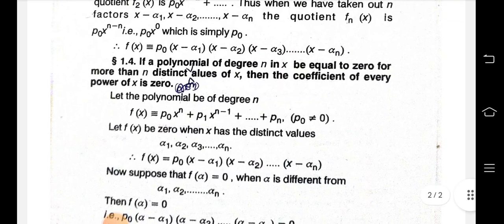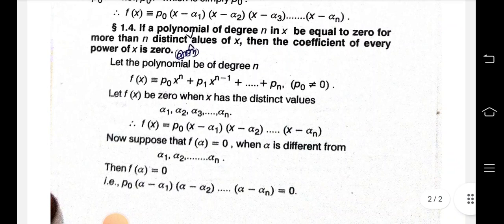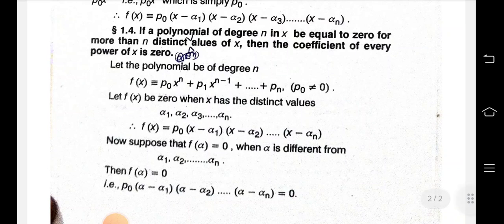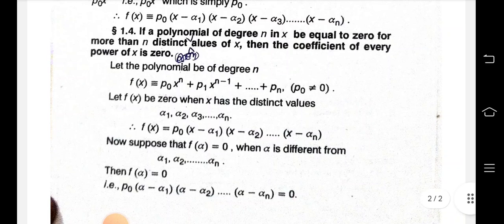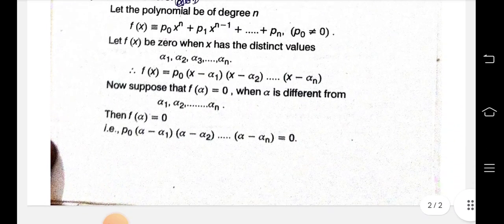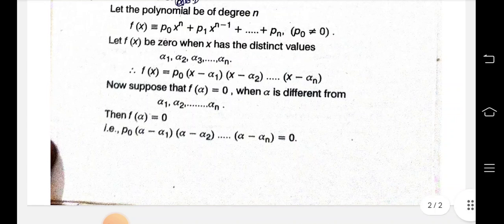Therefore, f(x) is equal to p naught into (x minus alpha 1)(x minus alpha 2) up to (x minus alpha n). Now suppose that f(alpha) is equal to 0 when alpha is different from alpha 1, alpha 2 up to alpha n. Then f(alpha) is equal to 0, that is p naught into (alpha minus alpha 1)(alpha minus alpha 2) up to (alpha minus alpha n) is equal to 0.